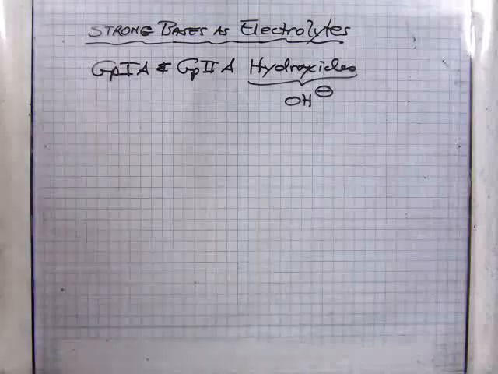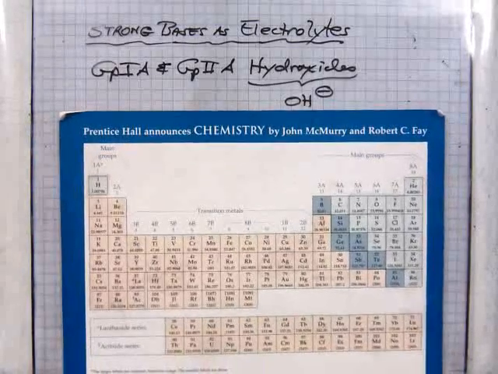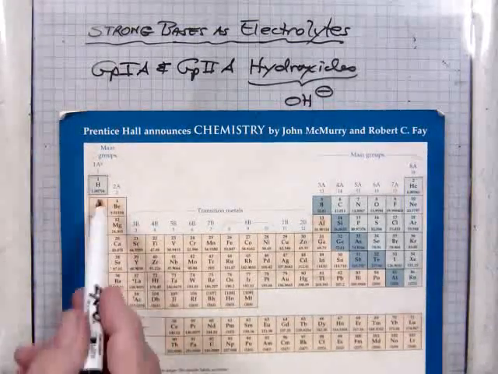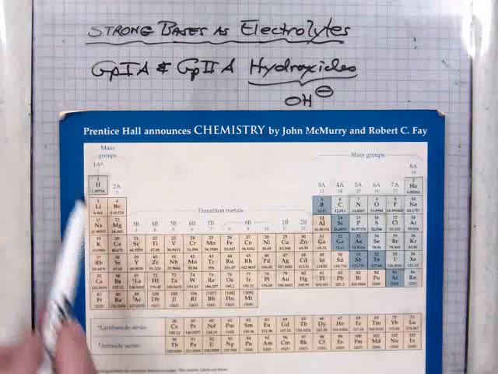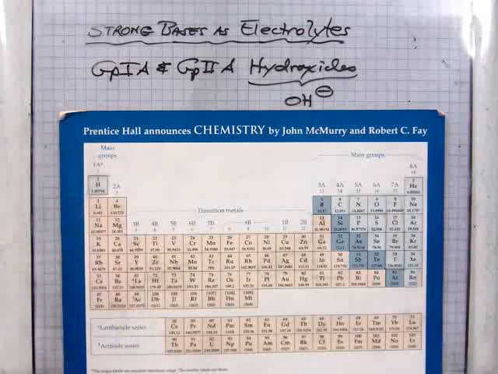So just to reinforce this idea, here's group 1 and group 2 on the periodic chart. Group 1, when it enters into a reaction and combines with other elements, assumes a positive 1 charge. So everything in here has an outer valence electron of 1. Everything in this second column has a valence electron of 2.